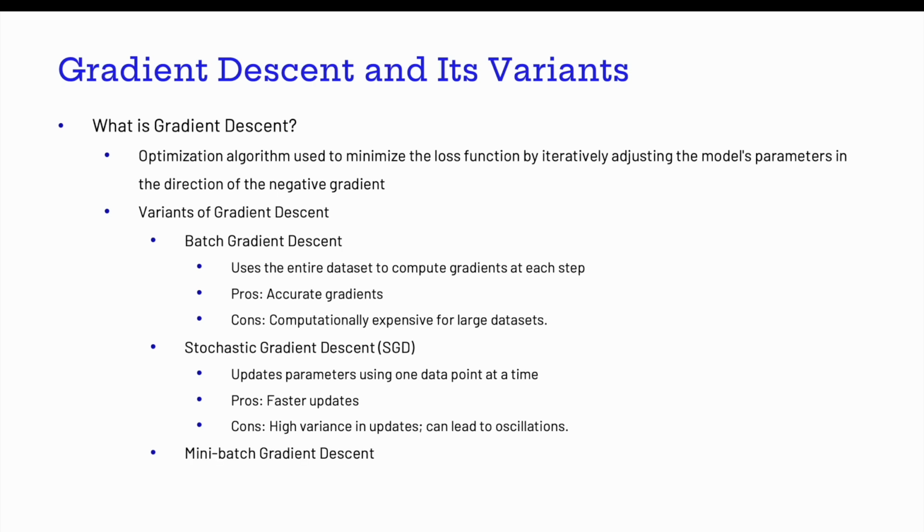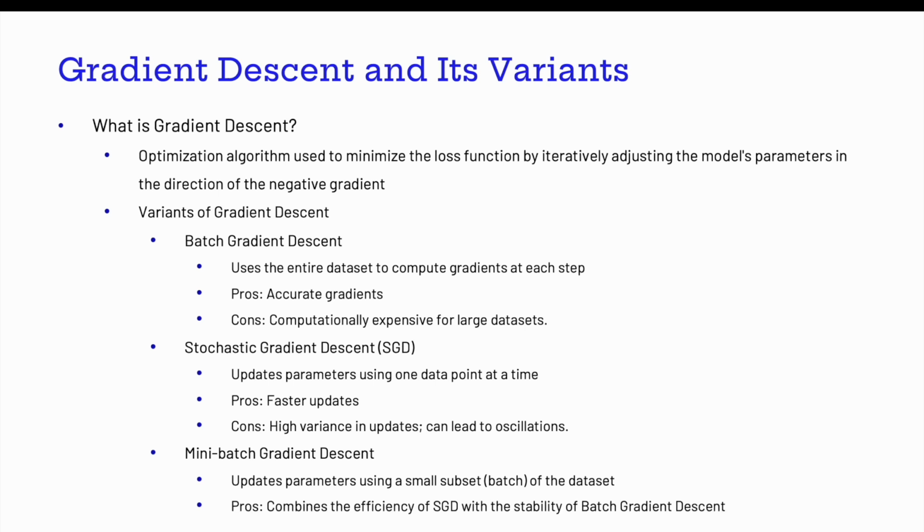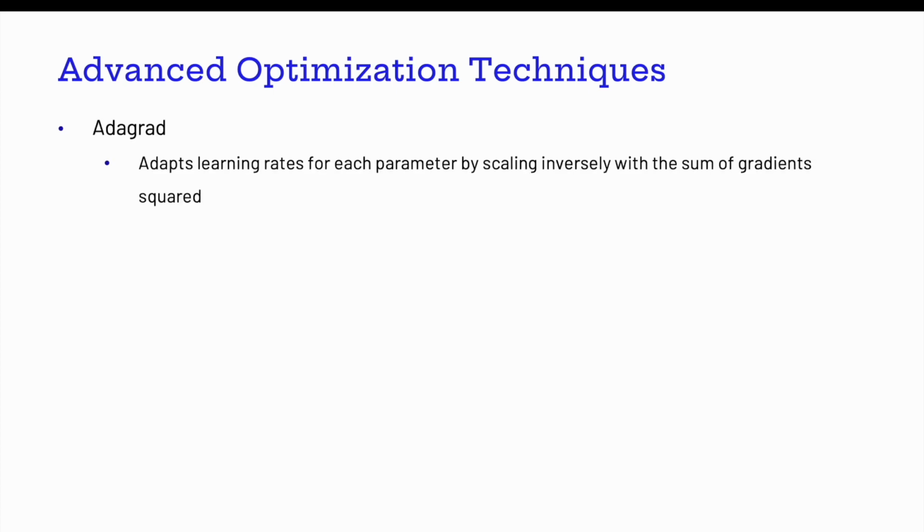Next, we have mini-batch gradient descent, which updates parameters using a small subset or batch of the dataset. Its pro is that it combines the efficiency of SGD with the stability of batch gradient descent. Next, let's talk about advanced optimization techniques. We have AdaGrad, which adapts learning rates for each parameter by scaling inversely with the sum of squared gradients. The pro is that it's suitable for sparse data.